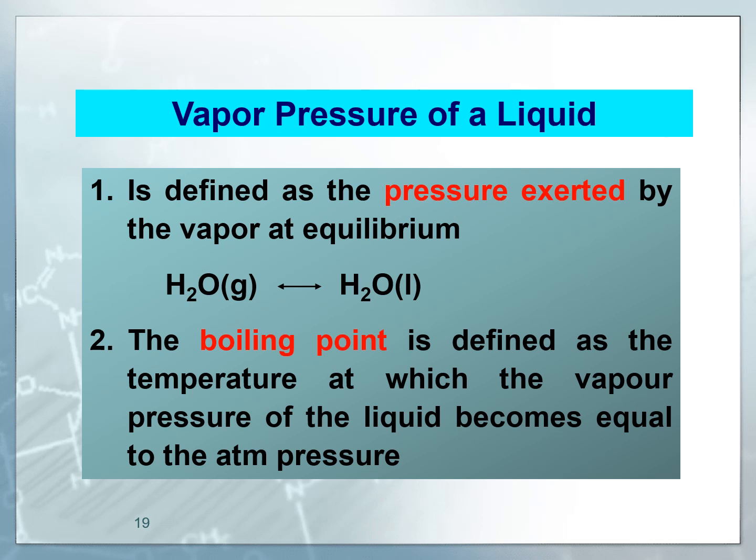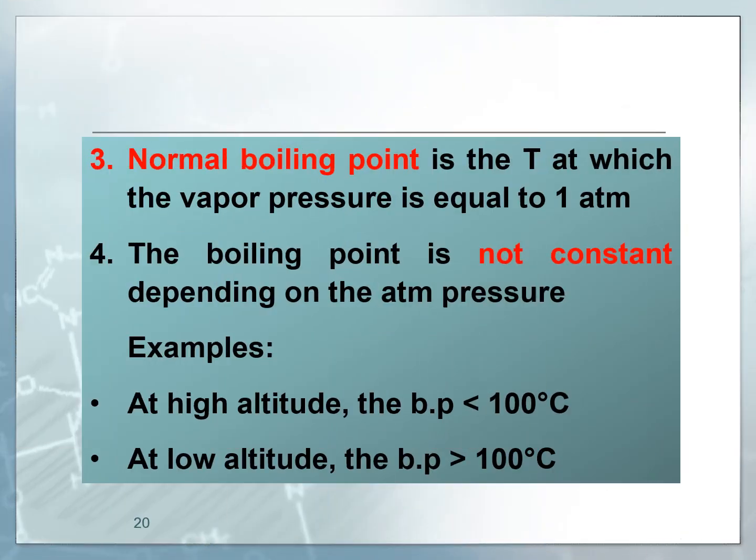Next, another definition of boiling point is the temperature at which the vapor pressure of the liquid becomes equal to the atmospheric pressure. The normal atmospheric pressure is 760 torr, or 1 atm. The normal boiling point is the temperature at which the vapor pressure is equal to 1 atm.